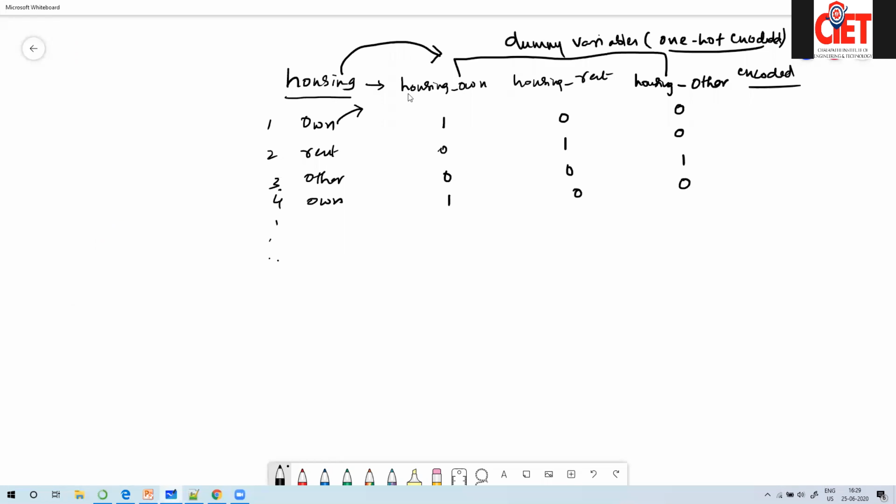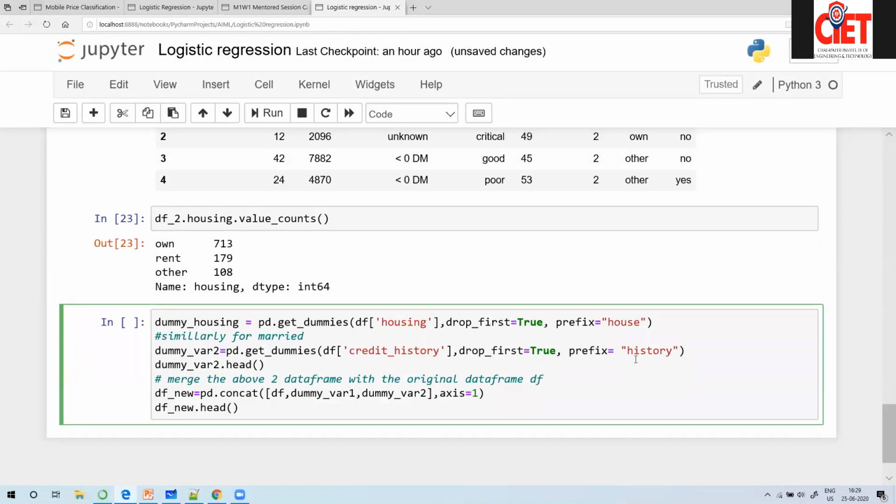So housing_own, housing_rent, housing_other. This suffix will tell what was the original variable and what is the newly created variable. And this is for history.